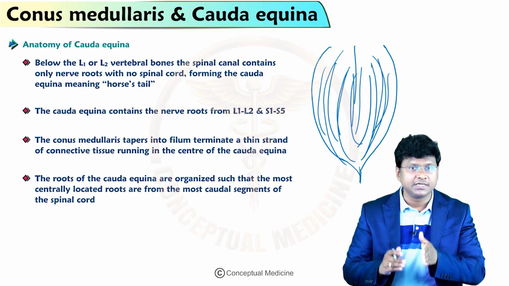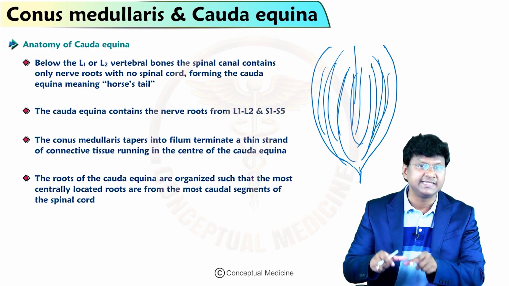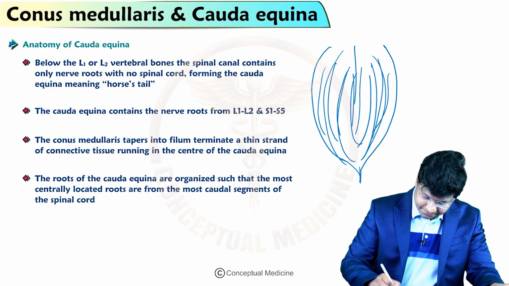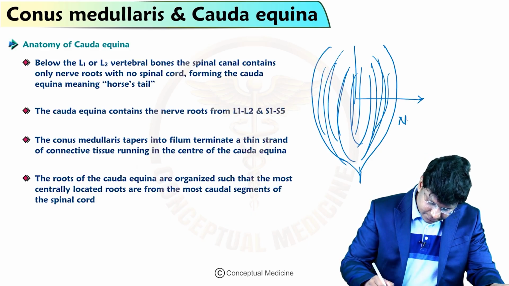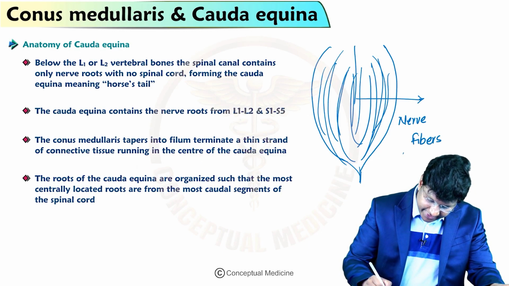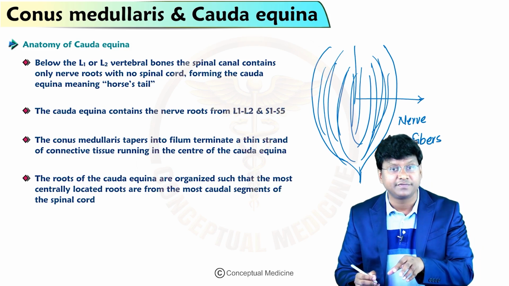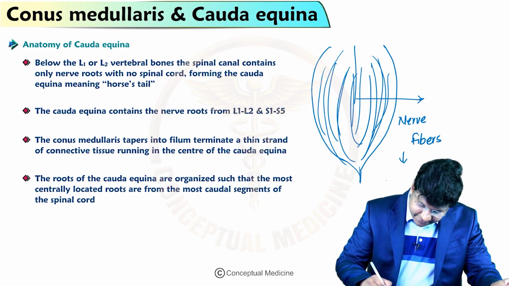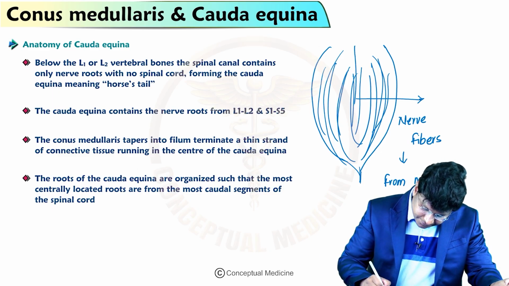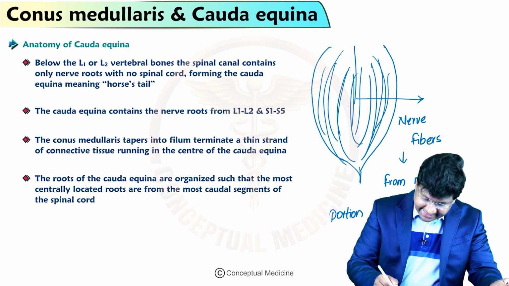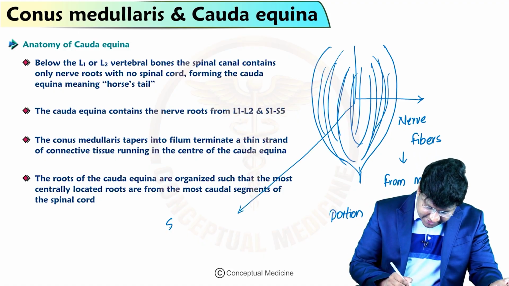If you take the nerve fibers present at the center of this tail, they are from the most distal portion of the spinal cord. That means in the center, what you have are the sacral spinal nerves.